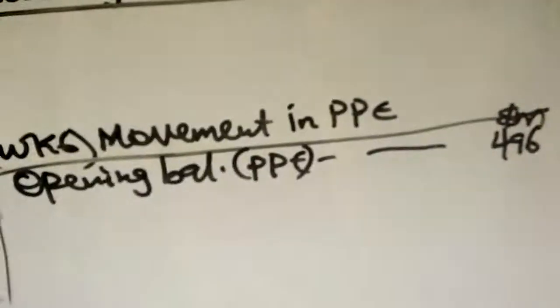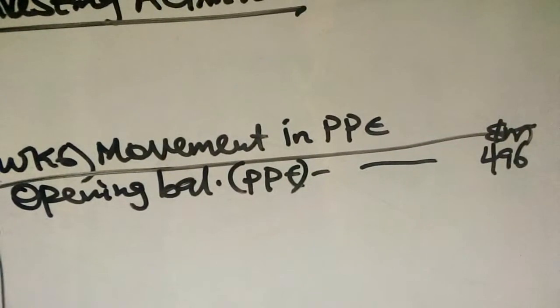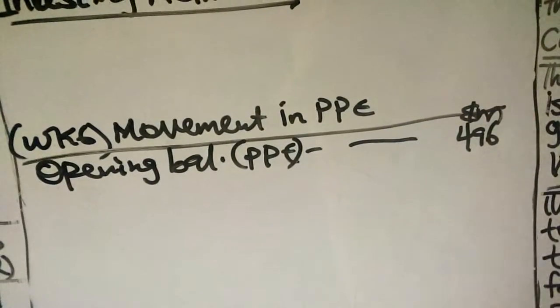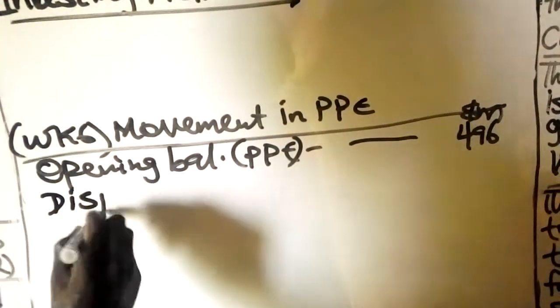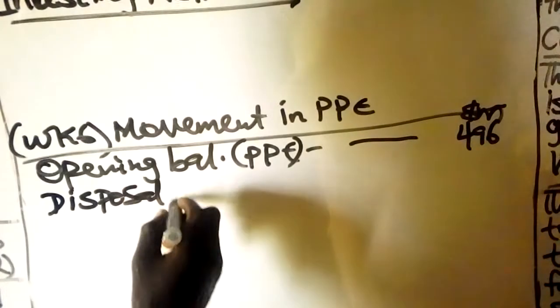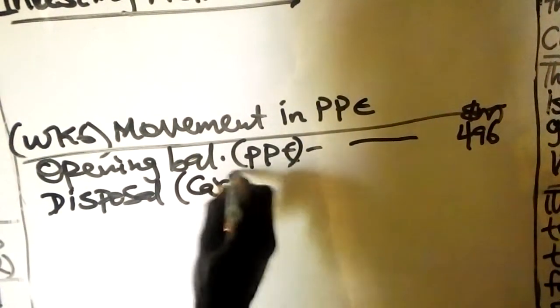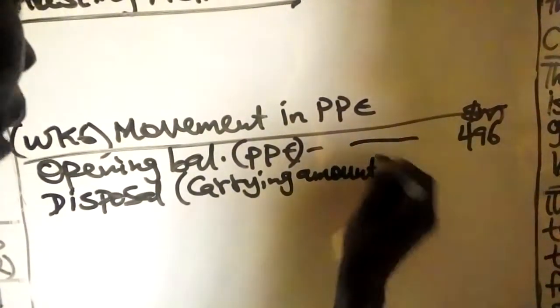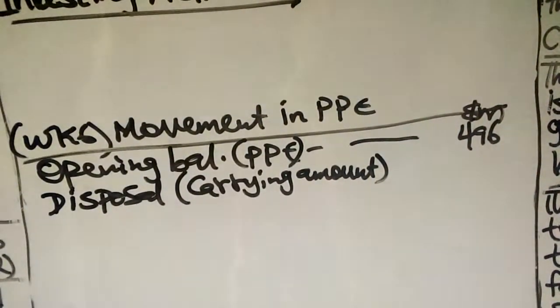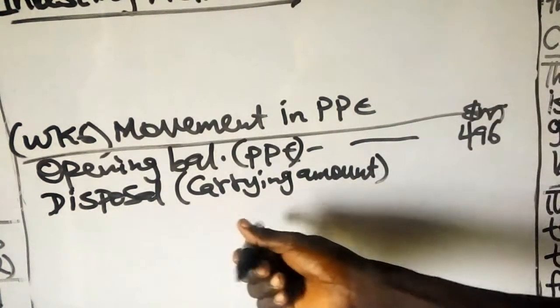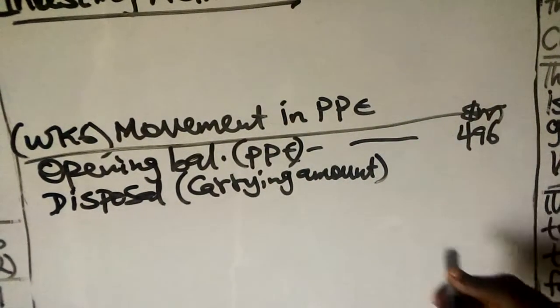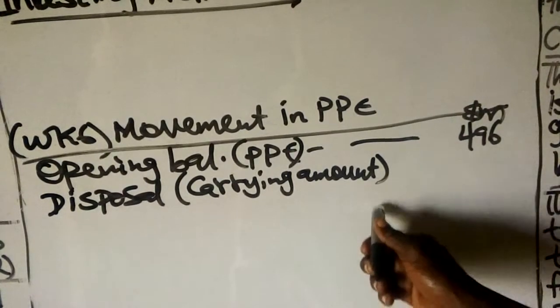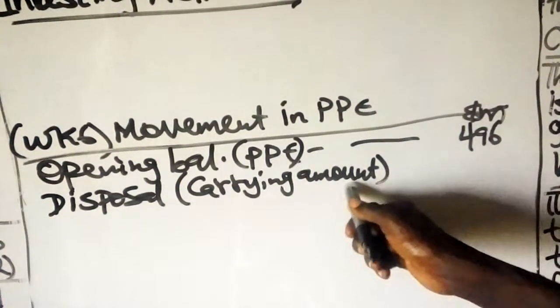Now let's incorporate those adjustments in our movement in PPE. So we have disposal. I've told you that it is the carrying amount of the PPE disposed that will be considered. But in case you are given the cost and the accumulated depreciation attributable to the PPE disposed, then you subtract the accumulated depreciation from the cost in order to get the carrying amount.